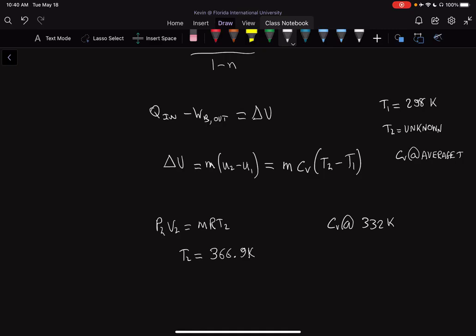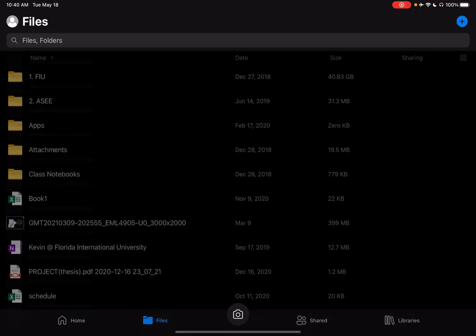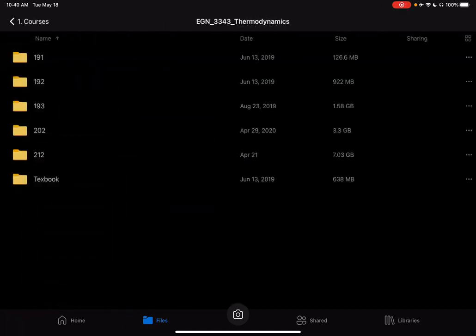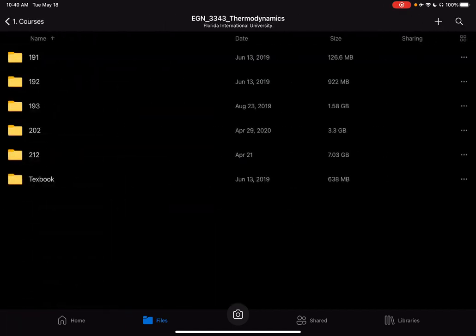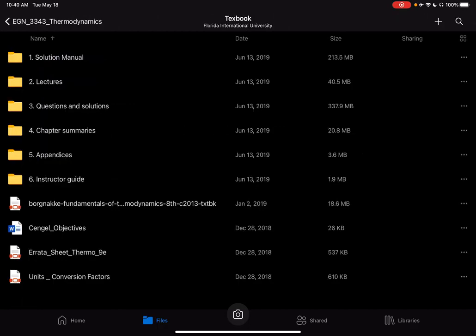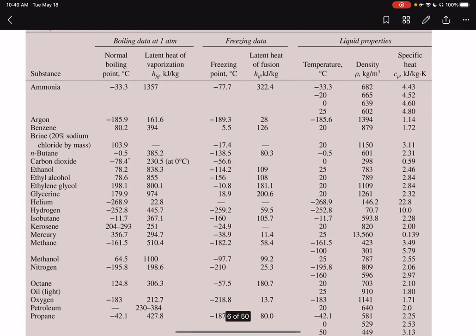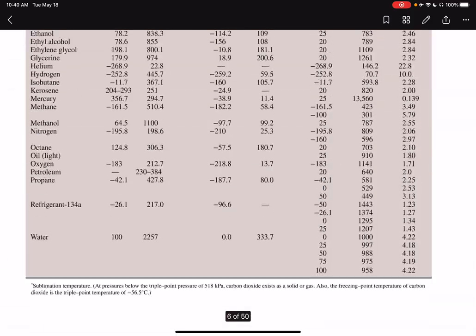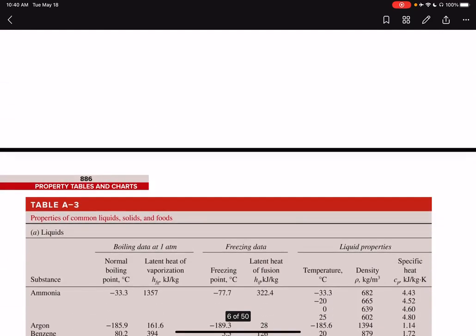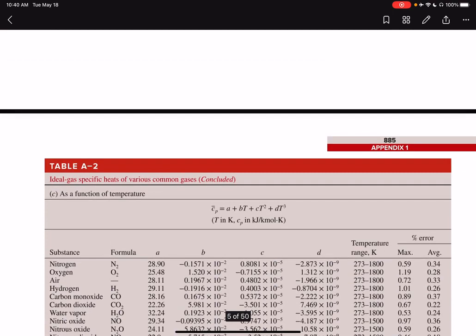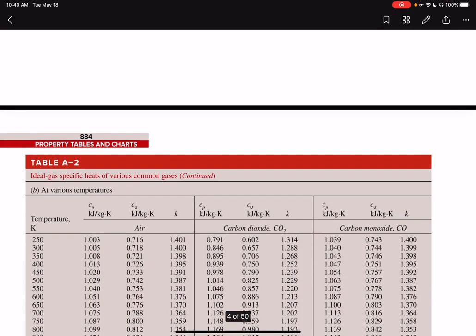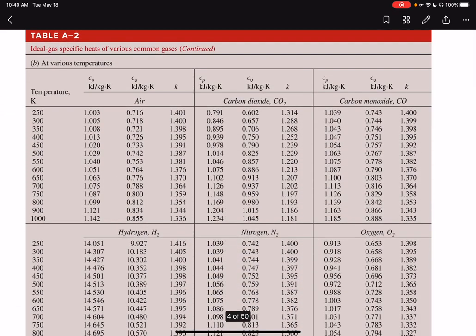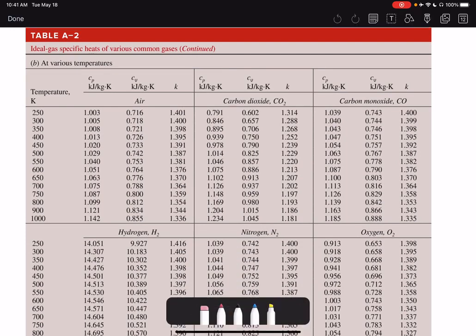So now we're going to go to table A2. We're going to go to table A2 and find what our CV could be. So we have different tables, and in this case, we're going to be looking for table A2, and specifically table A2 for ideal gas specific heats for common gases at various temperatures.